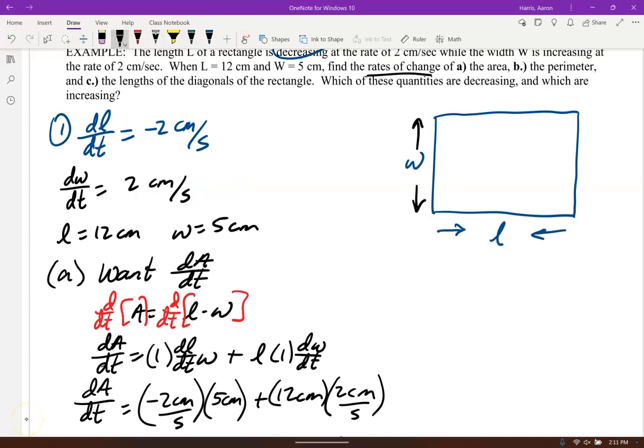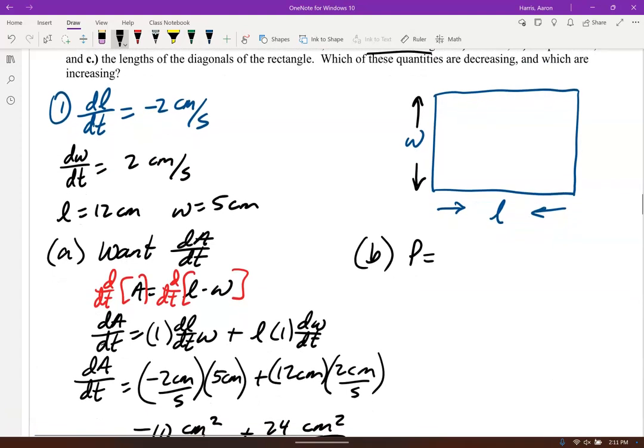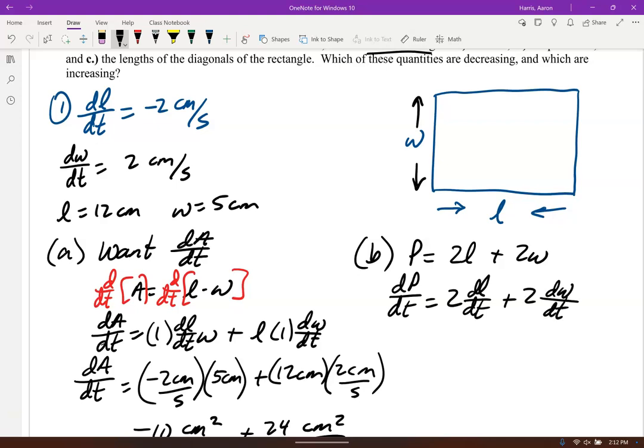If you remember, perimeter is adding up all the sides, L plus W plus L plus W, so 2L plus 2W. And we want to know how fast that is changing. Well, dP/dt would be 2 dL/dt plus 2 dW/dt.